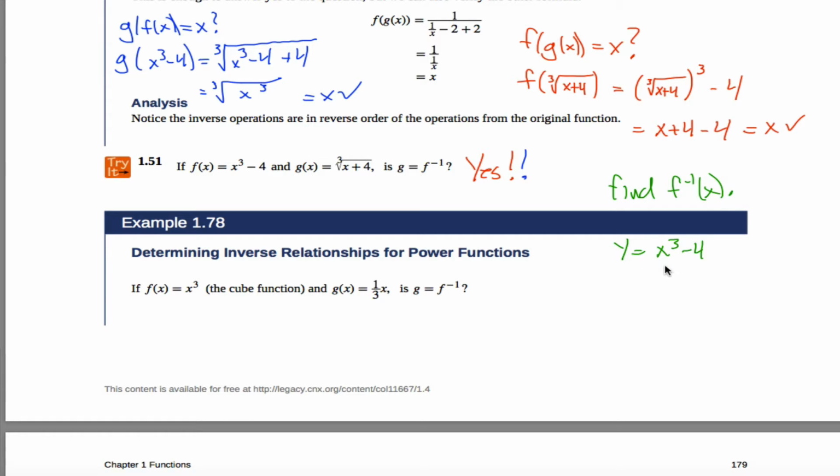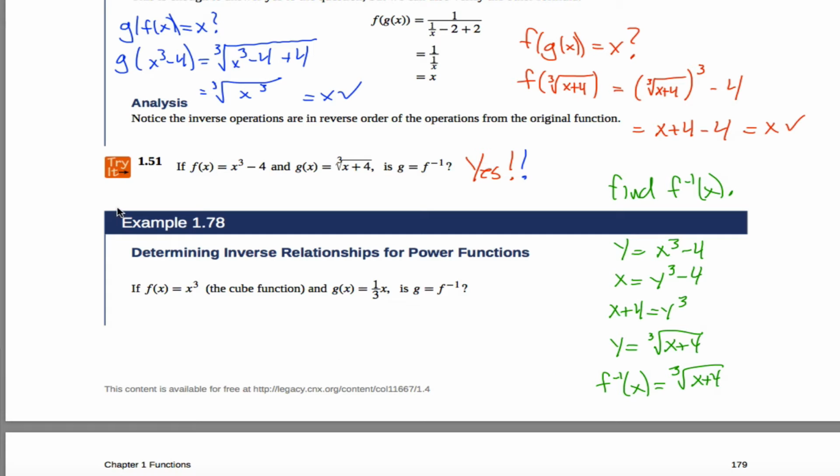Then I switch the x's and y's, and this equation represents the inverse function. And I can solve this thing for y: add 4 to both sides of the equation, take the cubed root of both sides of the equation. So what I just figured out is that f inverse of x is equal to the cubed root of x plus 4. So yeah, g is f inverse of x.